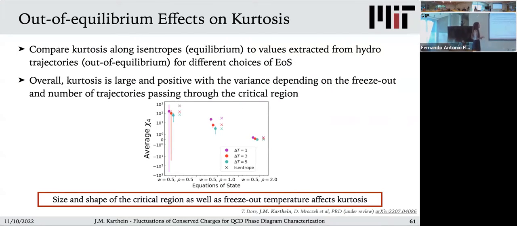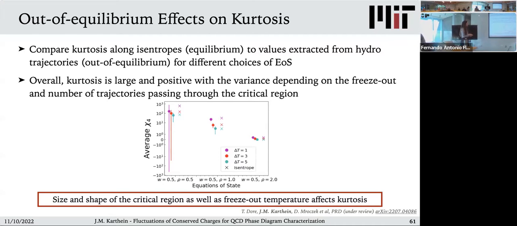And if we compare now equilibrium and off equilibrium results, we can see what's the true effect that might be able to be seen in the phase diagram, and that's what I'm showing here. So the average chi4 are the points here that have been extracted from the previous plot that I showed for the hydrodynamic simulations, and the x's are the isentropic trajectories at the same freeze-out temperatures, with the off equilibrium results next to them.